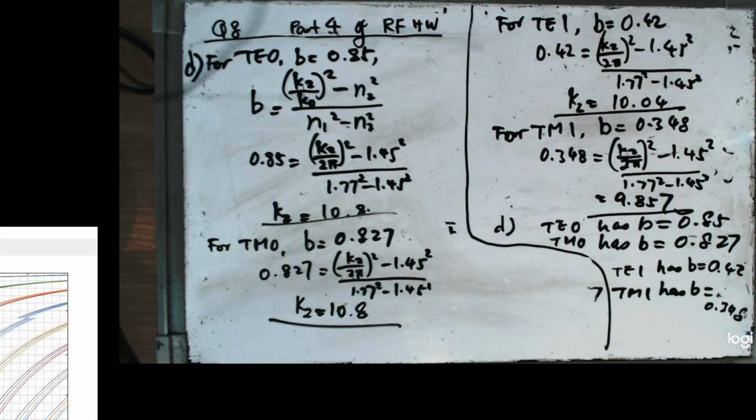Now part E. So which one is going to reduce first? We need to look at the B number. Normally it should be, we have 4 modes.